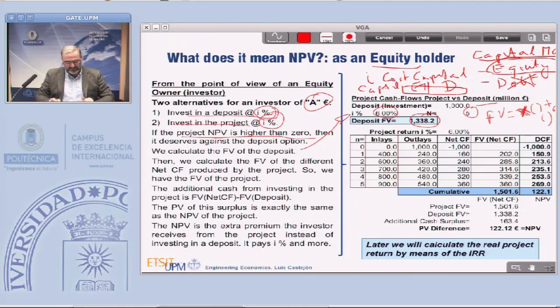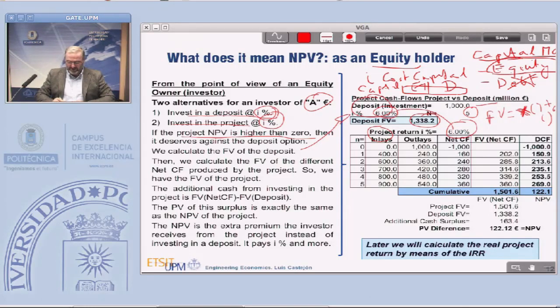So the other alternative this investor has is to invest in our project. So we will use the interest rate. The alternative the investor has, instead of investing in our project, is to invest in a deposit. So we will use the 6% of the deposit as a benchmark for comparing both investments.